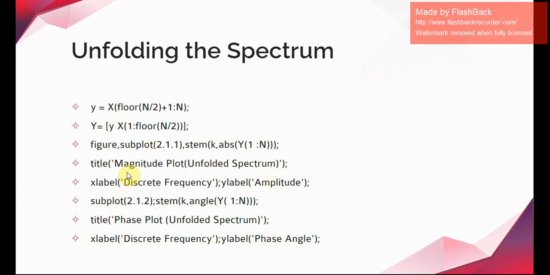The title of the graph is named magnitude plot unfolded spectrum. The x-axis is named discrete frequency, and the y-axis is named amplitude. The subplot and stem are again used for the phase spectrum unfolded. The title of the graph is named phase plot unfolded spectrum. The x-axis is named discrete frequency and the y-axis is named phase angle.